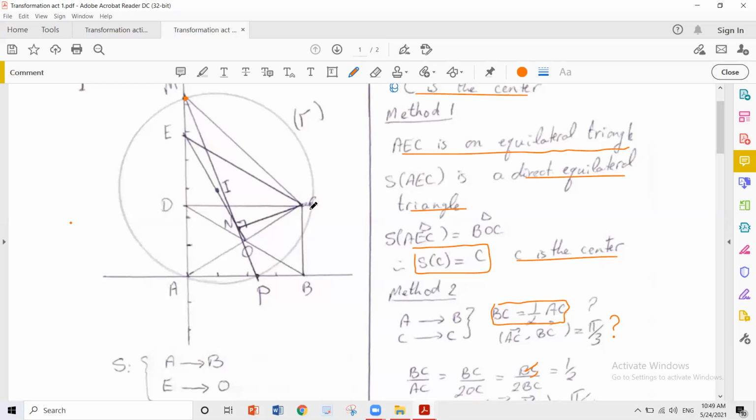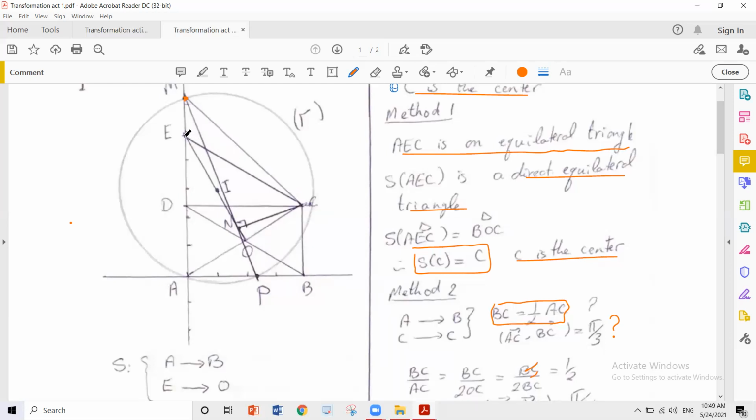IC equals IP. IC equals IA. How to prove IC equals IA? Because IA is the radius. Why IC equals IA? Triangle ACE is equilateral.